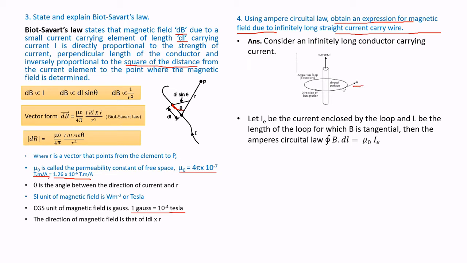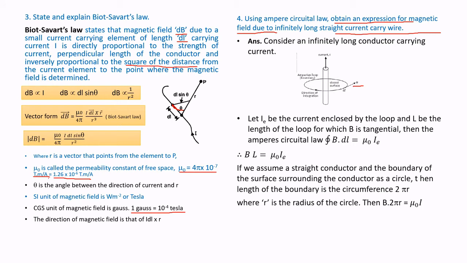B is always tangential to this loop. Then the Ampere circuital law says B dot dl, the length, is equal to mu naught, the permeability, into IE. So B into L, that is the integration, B into L is equal to mu naught I.